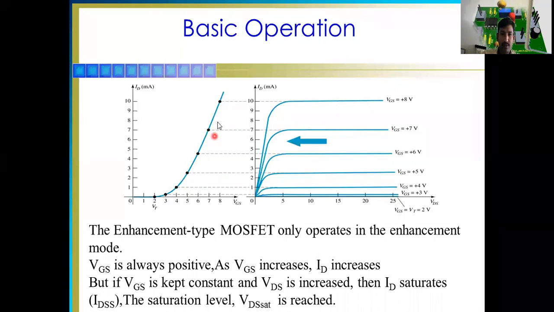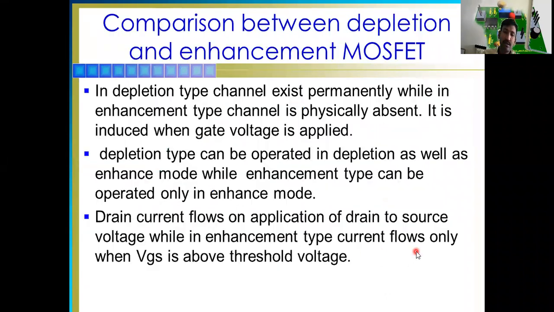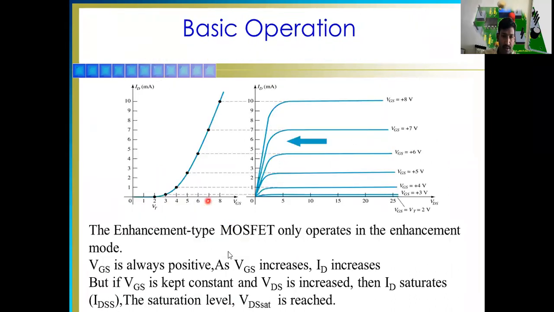So only IDS increases and VGS gets a constant value. Whatever we have seen, the theory is related to the basic operation of the enhancement type MOSFET. Okay. Now the question comes to your mind.